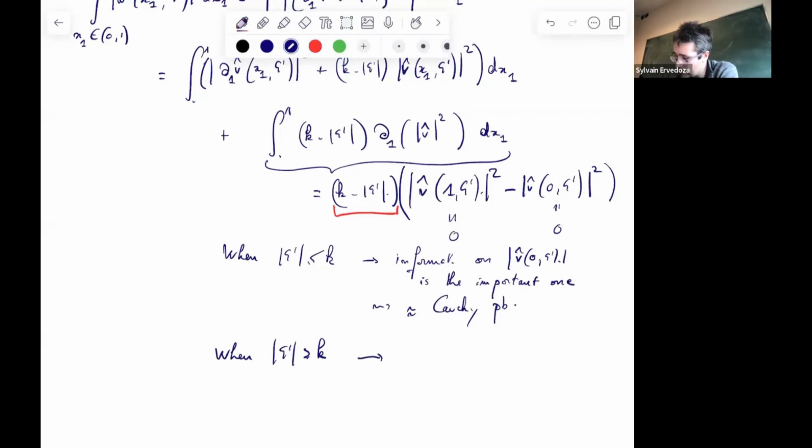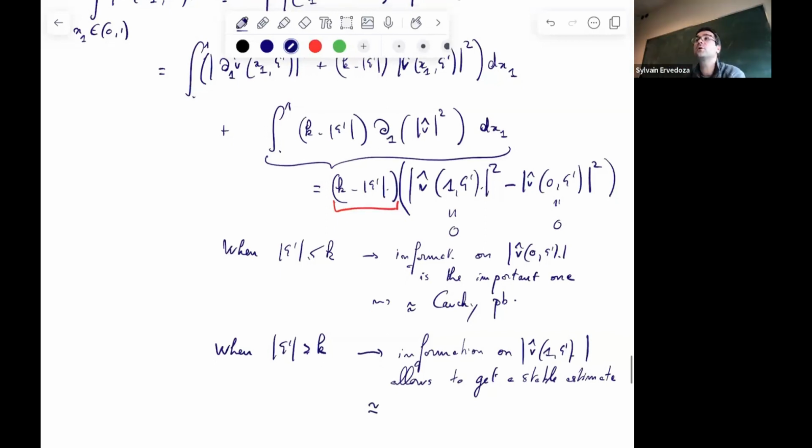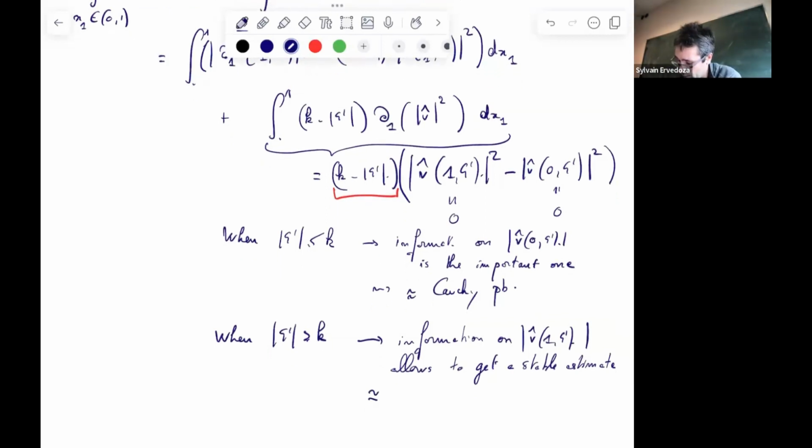And then to get a stable estimate, what you should use is the information on v hat of 1 psi prime, which allows you to get a stable estimate. So then you are more or less in the case of the Laplace operator with Dirichlet boundary condition.